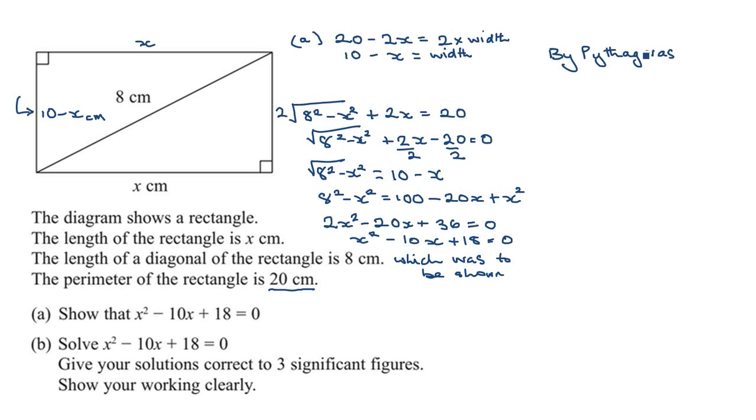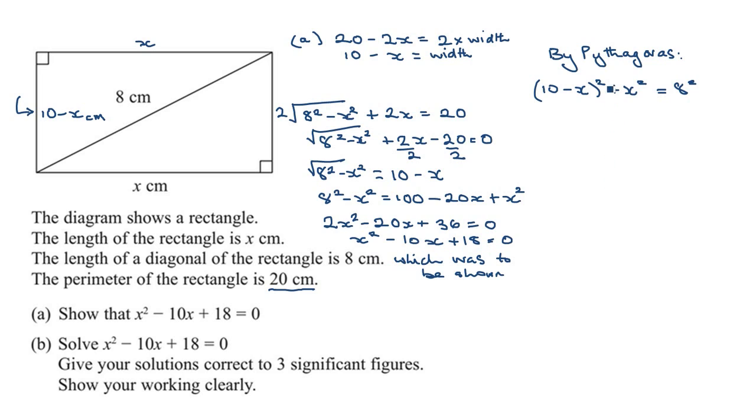So by Pythagoras, we've got 10 minus x squared, so that's the width, plus the other short width, which is x squared, equals 8 squared. So that's given us our formula. We can now expand this, move everything onto the left hand side, and we should again get x squared minus 10x plus 18 equals 0.